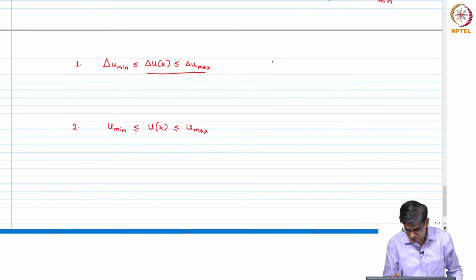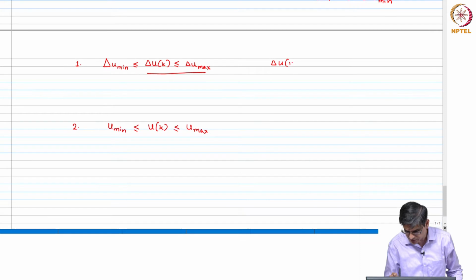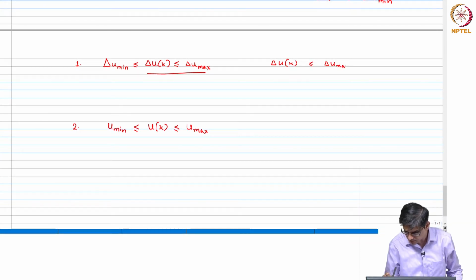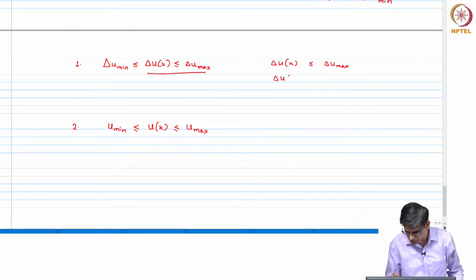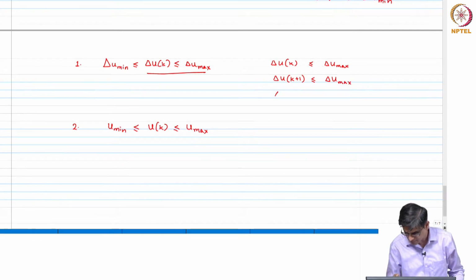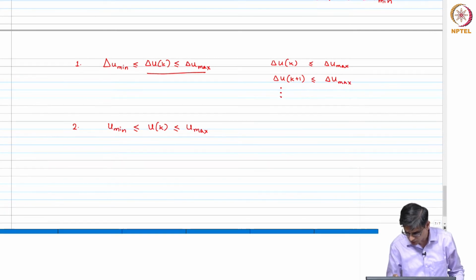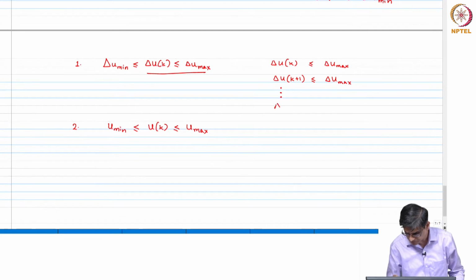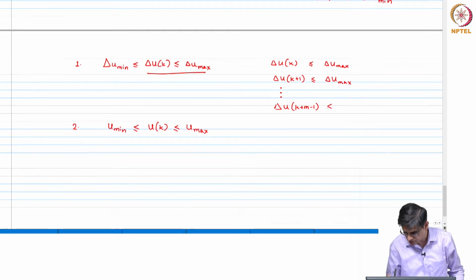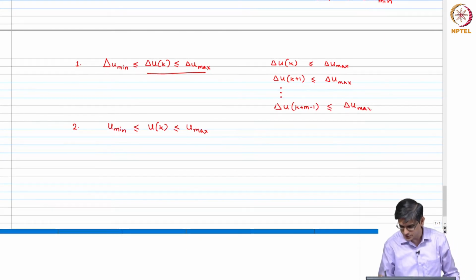This constraint means delta u k less than or equal to delta u max, delta u k plus 1 less than or equal to delta u max, and so on up to delta u k plus m minus 1 less than or equal to delta u max.